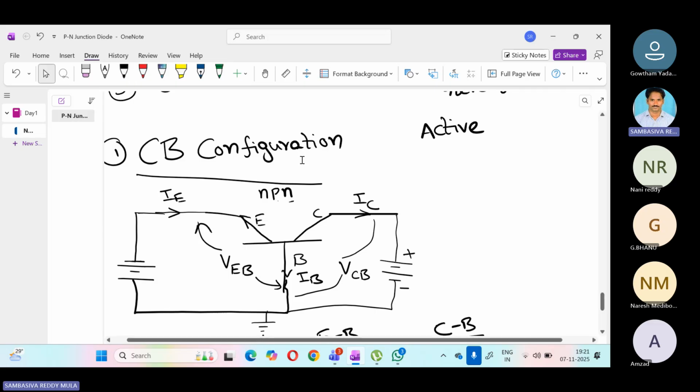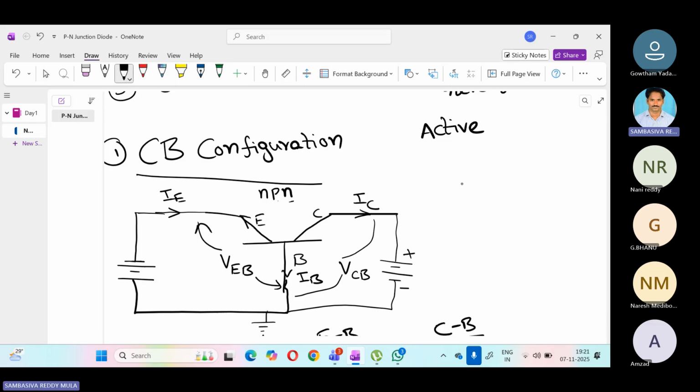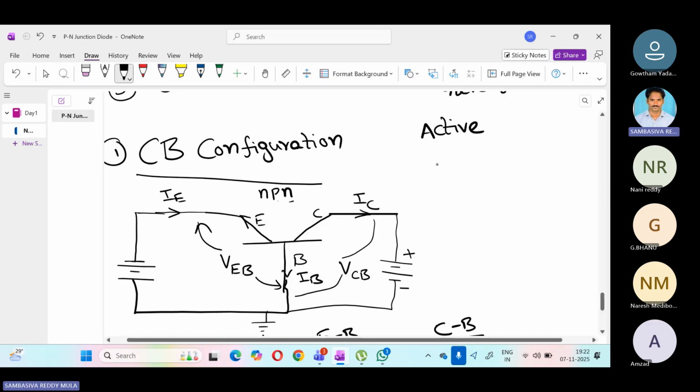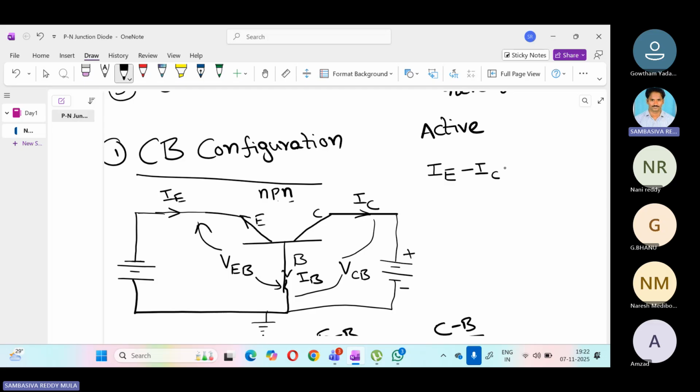Now from this diagram, we can see the current relations also. The emitter current is towards the transistor emitter region. Consider this entire transistor as a node, and the emitter current is towards the junction; let us consider this positive. The collector current is away from the junction, so consider this negative. The base current is also away from the junction, so consider this negative.